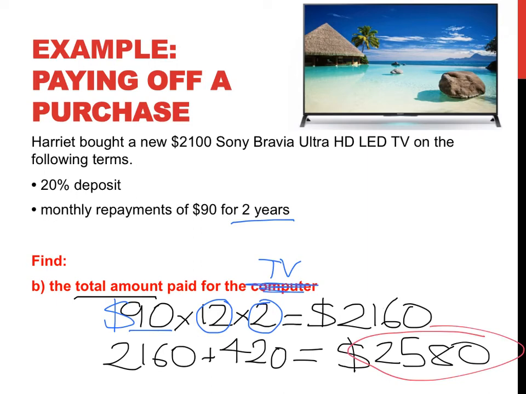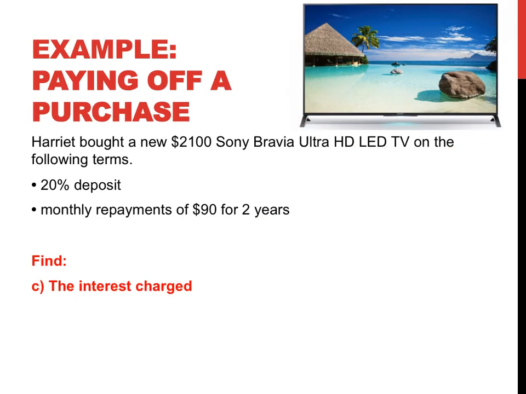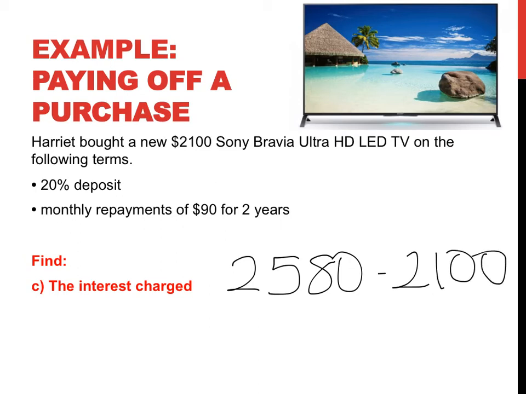Okay, now why did she bother paying an extra $400? Well, Harriet's had a brand new TV for 2 years. Harriet basically got the TV early, but in the end had to pay more. The final thing that we really need to know is how much interest was she charged. Well, if she paid in the end $2,580, it was only $2,100, the cost of the TV.